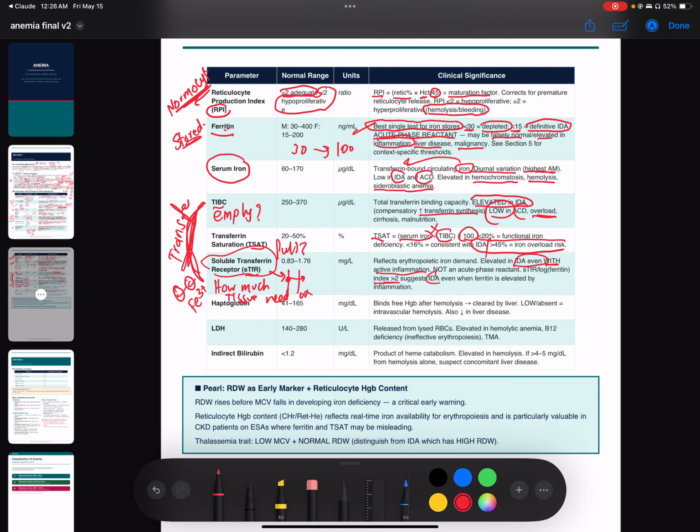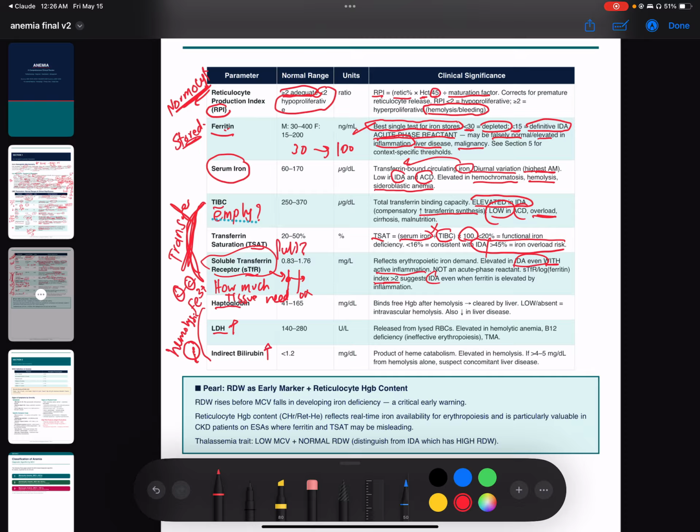Haptoglobin, LDH, and indirect bilirubin are more related to hemolysis, which will create normocytic anemia. If you have RBCs that get broken and destroyed, and everything inside gets outside, this will increase the LDH and the indirect bilirubin.